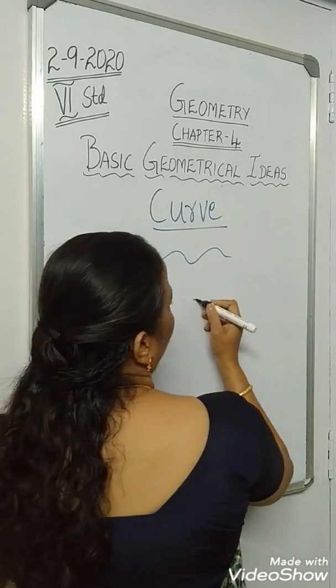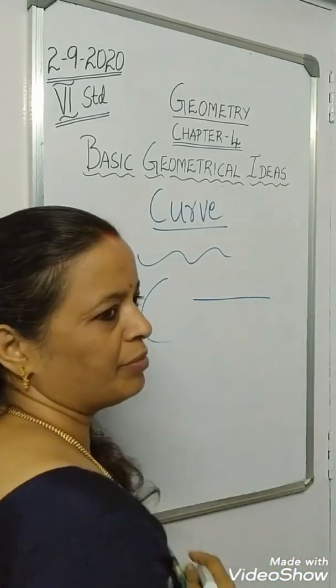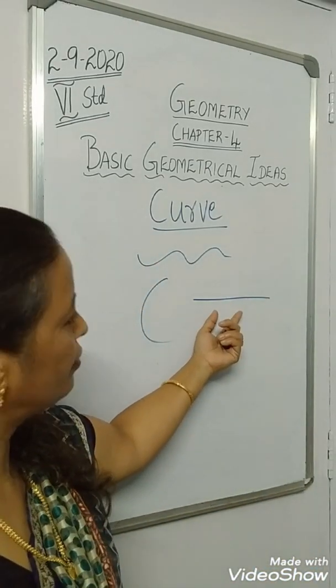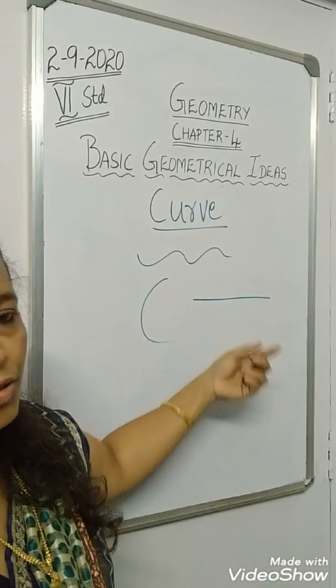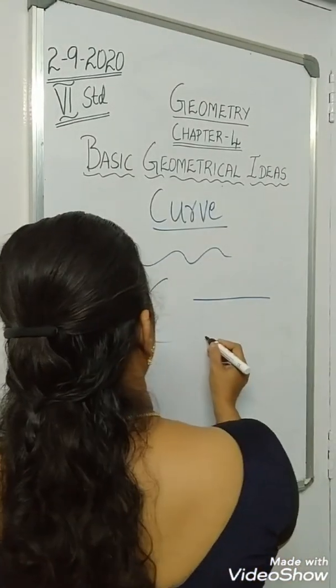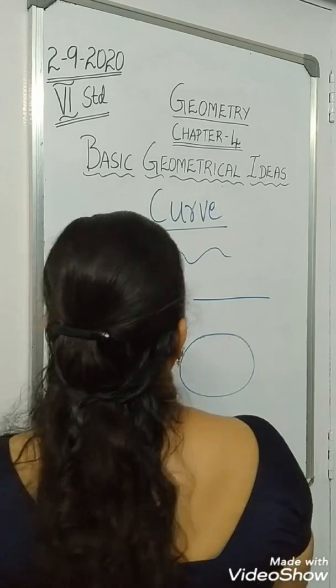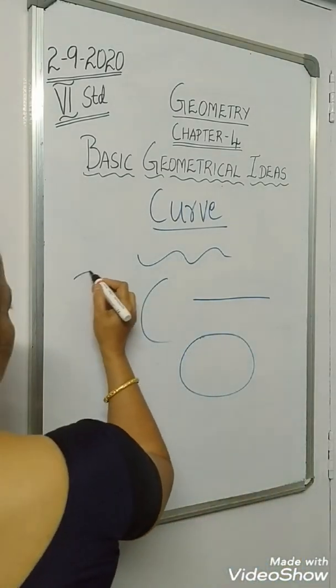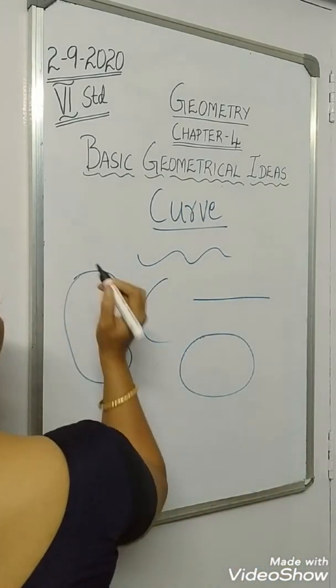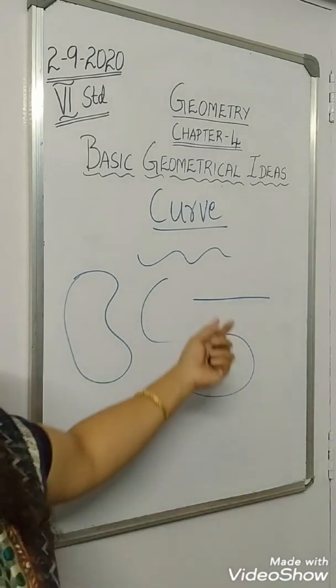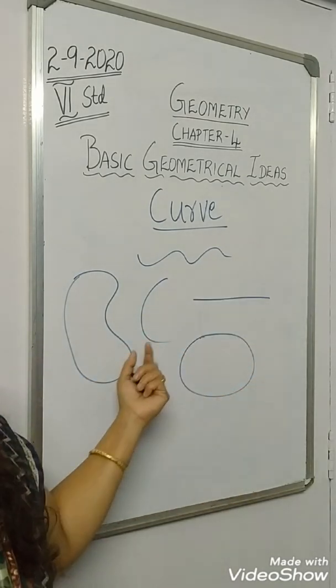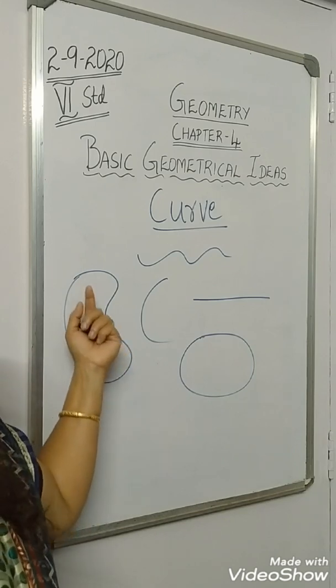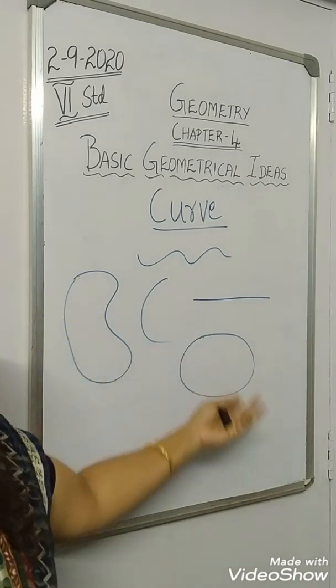But in mathematics, in geometry, we call even this a curve. Now, here also is a curve. This is also a curve. All these are called curves, and they are called simple curves.